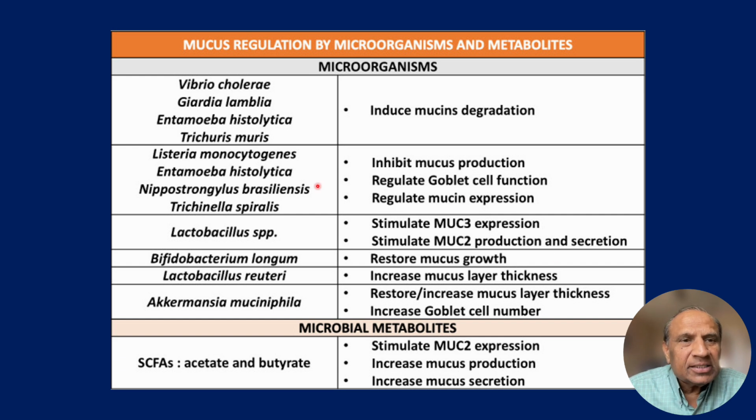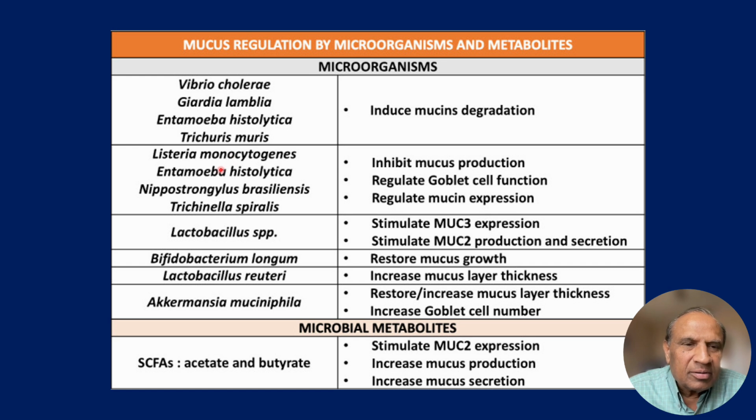Other than the goblet cells, the mucus layer is also maintained or affected by the bacteria or microorganisms in the intestinal lumen. Some microorganisms, which you call pathogens, like cholera or giardia, amoeba, or the parasite called trichuris, induce mucus degradation, so they decrease the mucus layer.